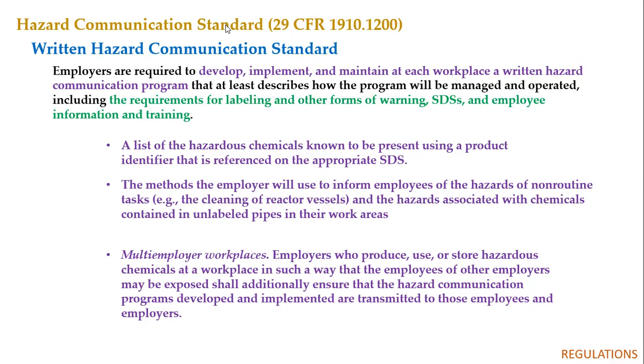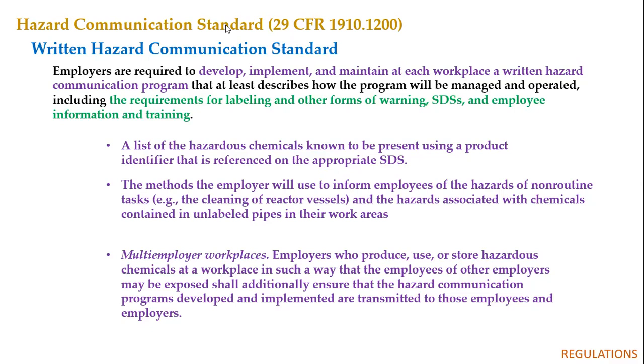Then the second is the method the employer will use to inform the employees of the hazards of non-routine tasks, for example, cleaning of reactor vessels, and the hazards associated with the chemicals contained in unlabeled pipes in their work areas. The third is the multi-employer workplace.